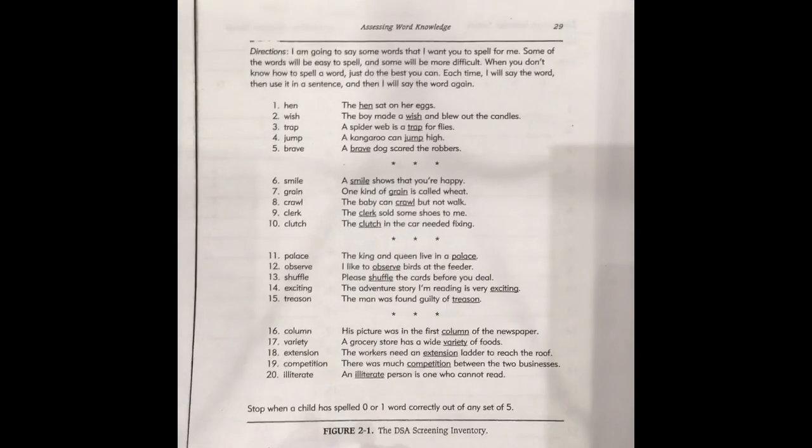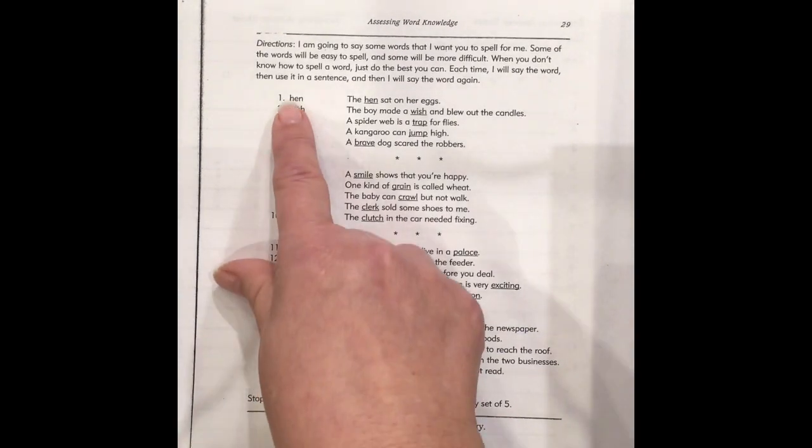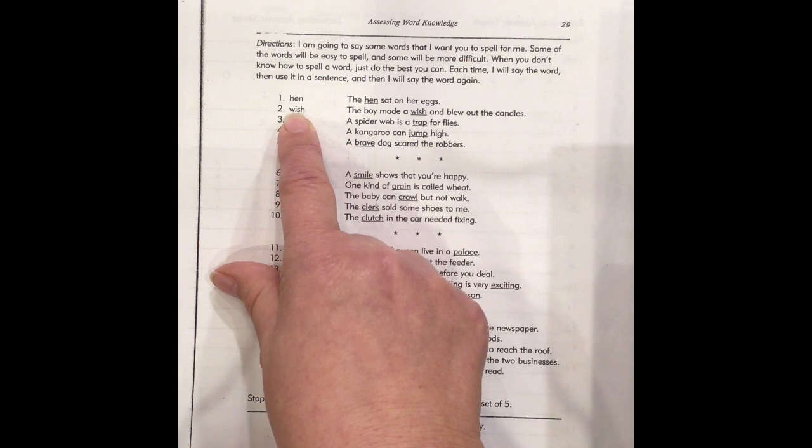So that protocol form, page 29, is our form. So you would say to students, the first word is hen. The hen sat on her eggs. Hen. The second word is wish. The boy made a wish and blew out the candles.